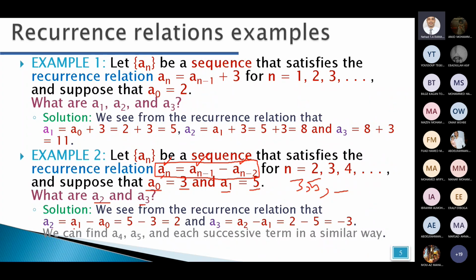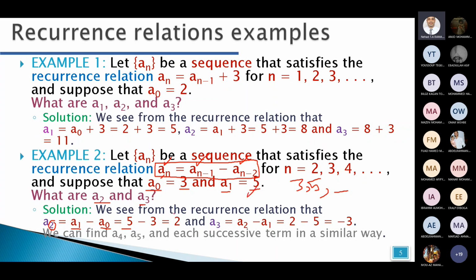So A2, where n here is 2, equals A1 minus A naught, which means 5 minus 3, which is 2.